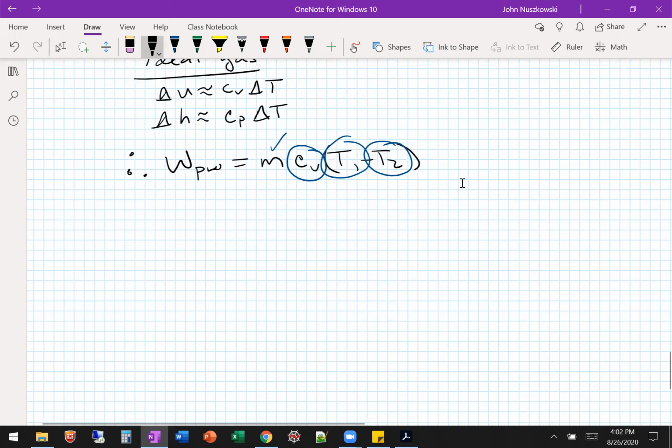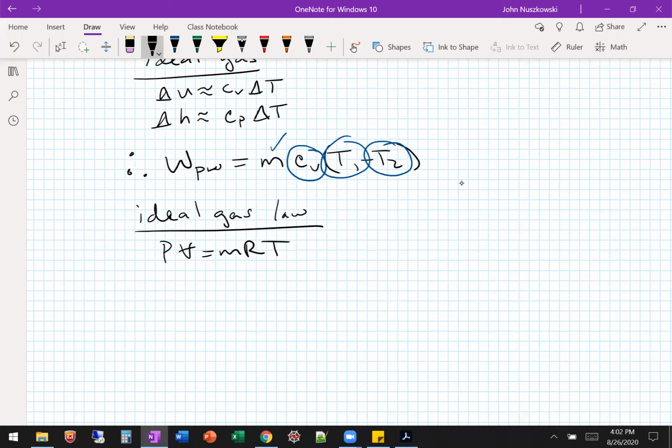From the ideal gas equation. PV equals mRT. For state 1, we have pressure 1, the volume of the tank, and the mass.